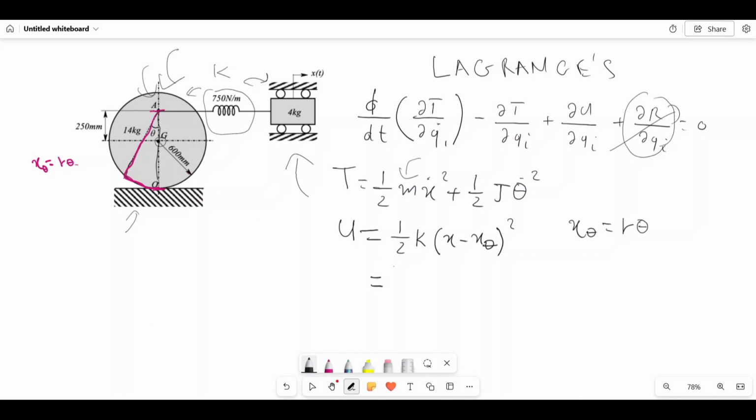So what we have here is going to be half k, x minus r theta, squared. So this is the displacement due to a rotating object. This is the displacement of a linear object. Quite easy, my friend.